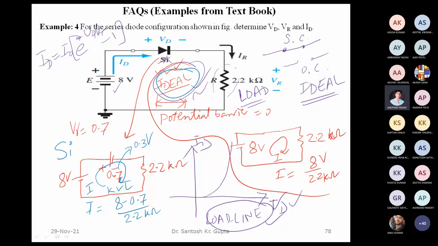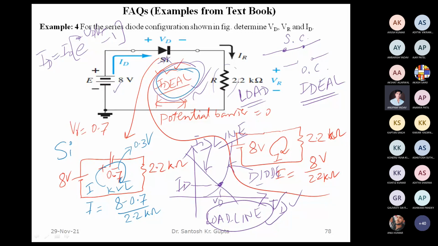This will give you a line like this, which we call the load line. The intersection of this line and the equation of the diode characteristic gives the solution of this particular circuit, and the corresponding values of current and voltage are the solution for the circuit.